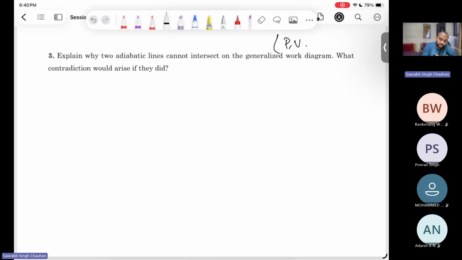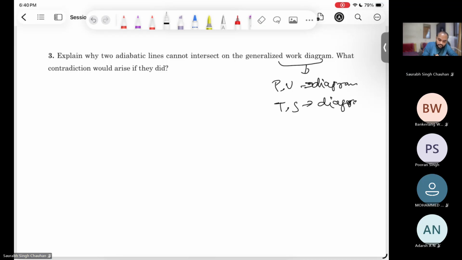Work diagram can be your PV diagram, or it can be a TS diagram. So on such diagrams, why two adiabatic lines cannot intersect? Can they intersect or not? First question is this.